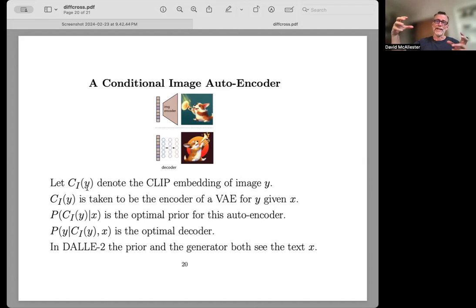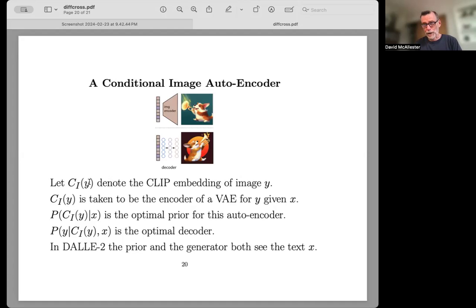And then to make a generator, you train a prior on the latent variable, and then you sample the latent variable from the prior, and then do the decoding, and you get a sample of your image. So that's what we're going to do. We're going to train a prior: an encoder, a prior on the encoded latent variable, and a generator that samples from the prior and generates the image.